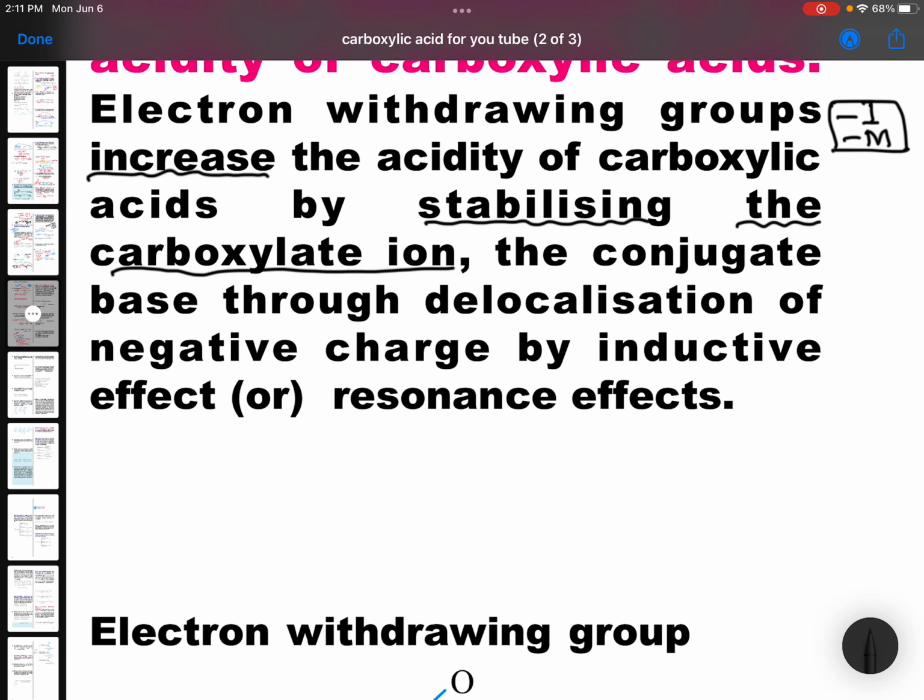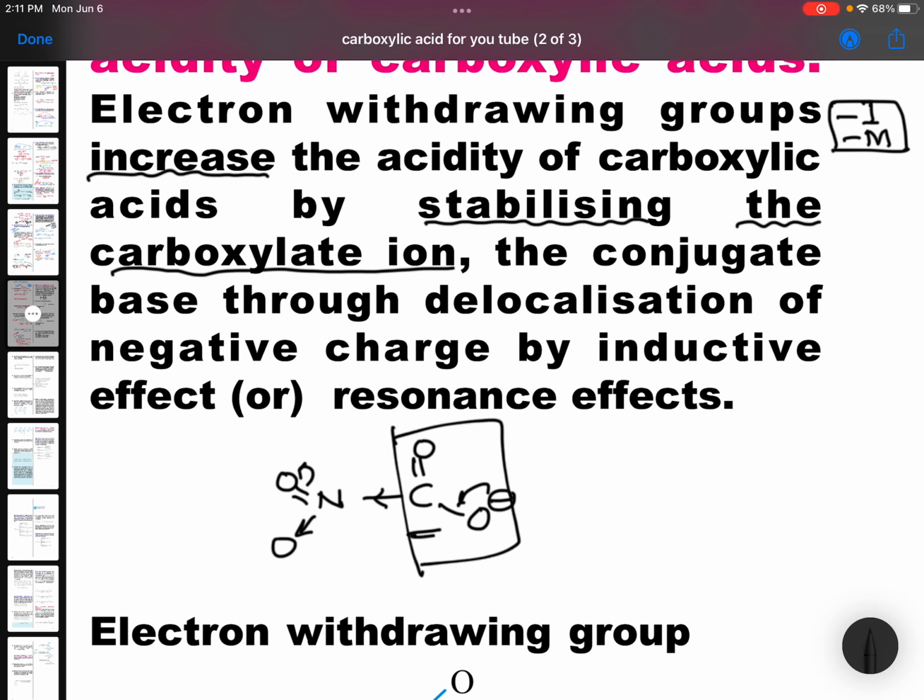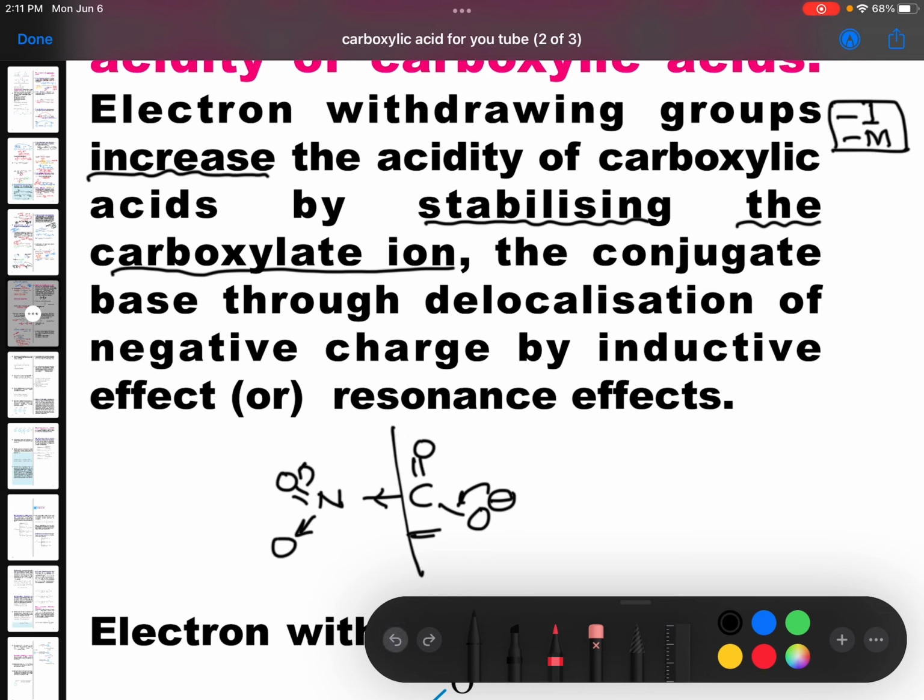See, C double bond O and O minus, and if groups like NO2 are present here, these are electron withdrawing groups. When electron withdrawing groups are there, the negative charge on this carbon, or the overall negative charge, can be decreased. When the negative charge is decreasing, that means it is becoming more stable. So this is the point you need to remember.